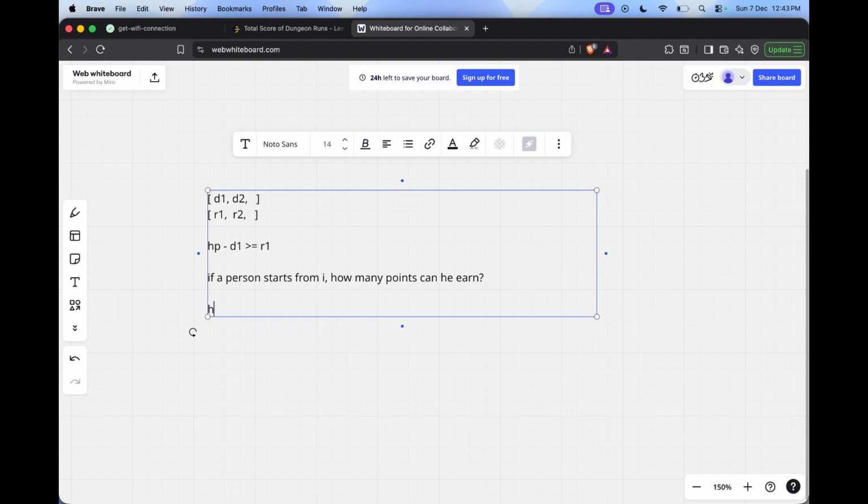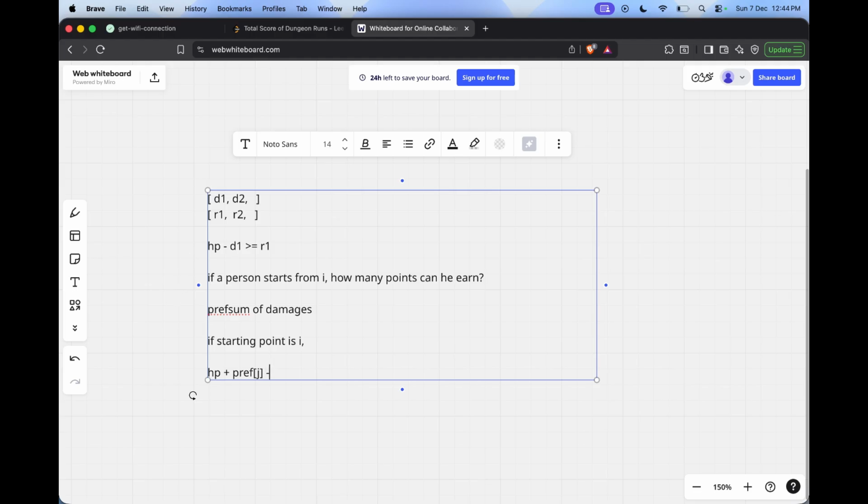Alright. Let's say we created a prefix sum of damages. If the starting point is I, all the indexes that give one score to our player satisfy this particular condition: HP, that is the starting point, plus prefix at J. Let's say J is the index that gives us a score.